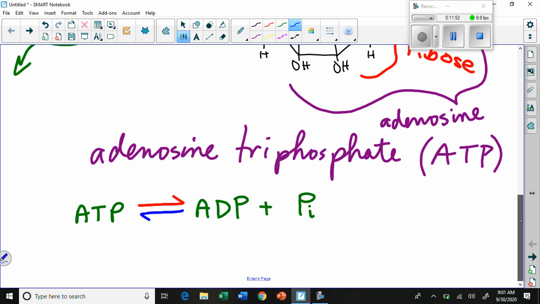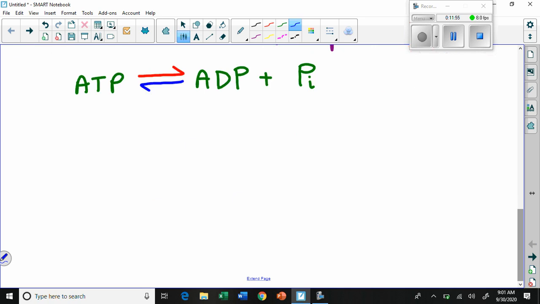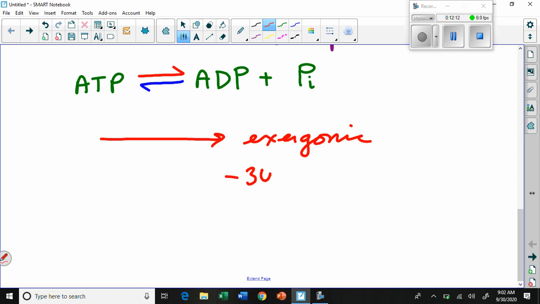It turns out that we can actually measure the amount of energy that is given off here. The red reaction that goes this way is exergonic, so it releases energy, and in laboratory conditions we can get about 30.5 kilojoules per mole of energy. That's with standard temperature and pressure and all of those things. But inside a cell, things don't always follow standard temperature and pressure, so they're a little bit different.